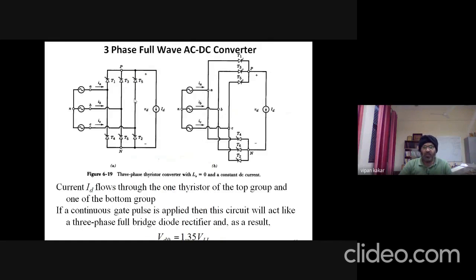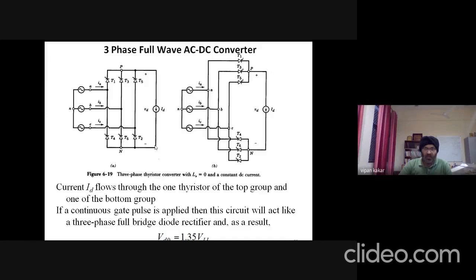Both of these circuits are equivalent to each other. Only the way of drawing is different. Whichever looks easier for a designer, they choose. This is the load current, ID, the DC current at the output, and the DC voltage at the output.